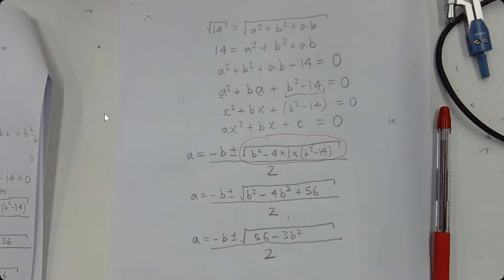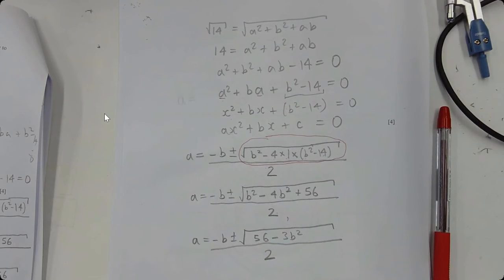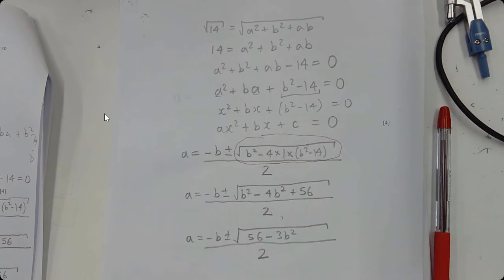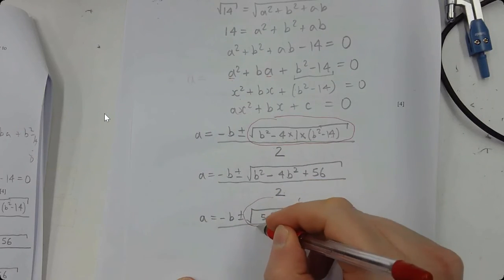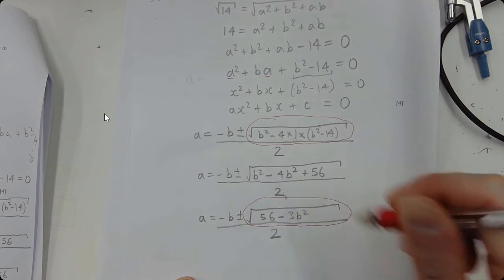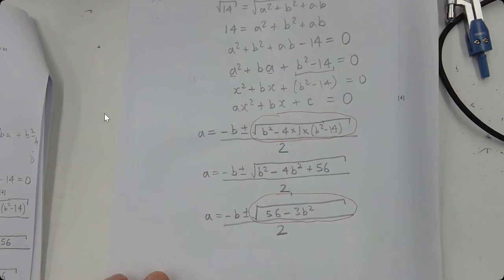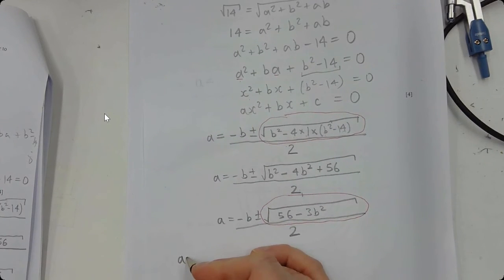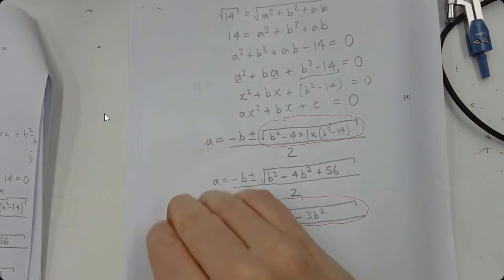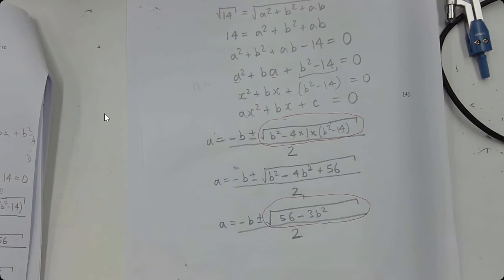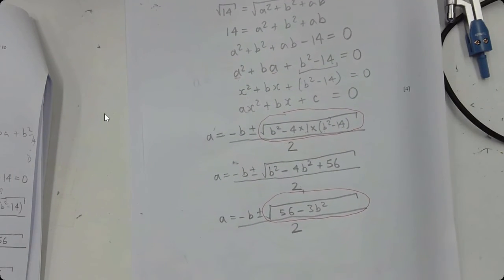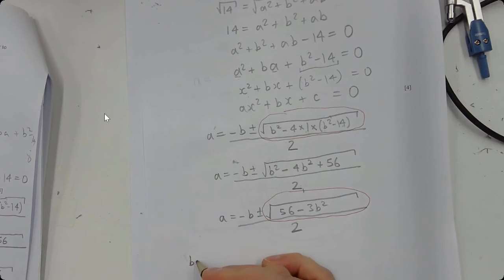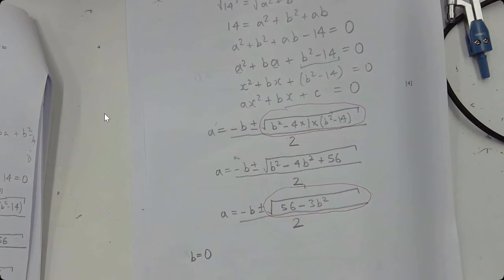So we got that. Why is this useful, you're thinking? Well, it is actually, because I am going to analyze what's in this square root, and it genuinely is going to help us. So I've got the square root of 56 minus 3b squared. I'm going to do trial and error here, to show you that when I substitute in values of b, they can't be whole numbers. So let's try b equals 0 first.